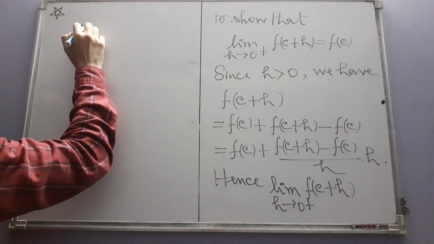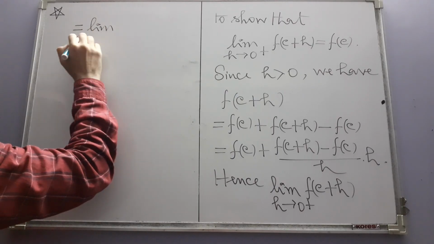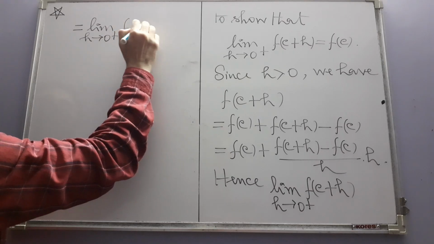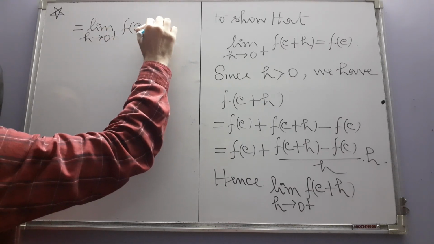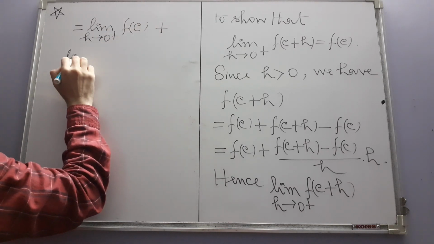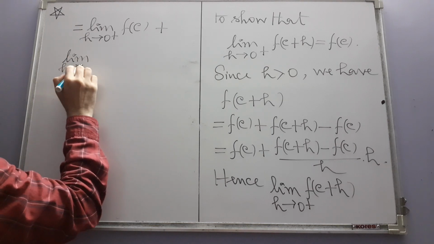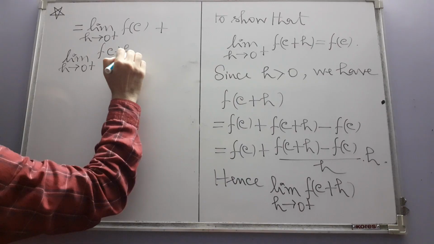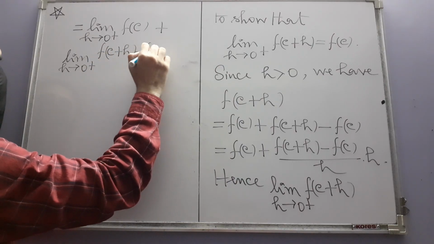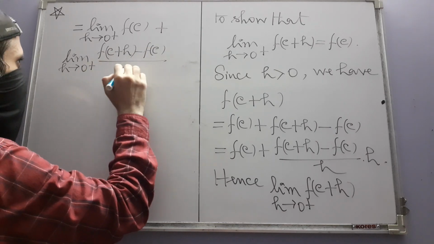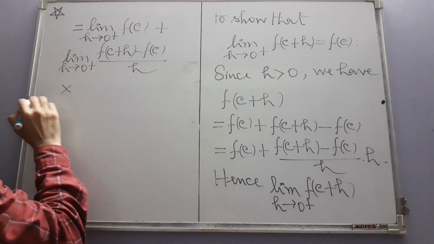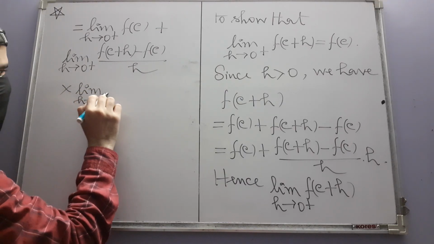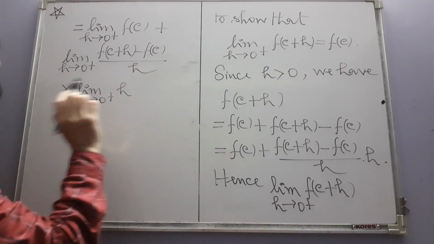So this is equal to the right hand limit at 0 of f of c plus the right hand limit of this difference quotient times the right hand limit of h at 0.